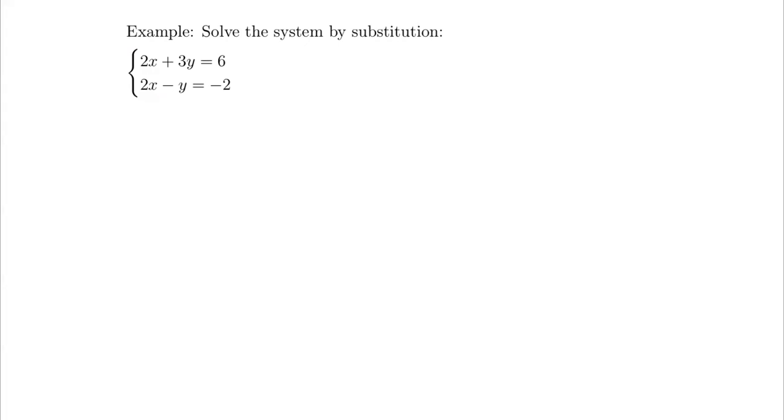If we do that, we subtract 2x from both sides of the second equation. So minus 2x here, minus 2x here. Then we get negative y = -2x - 2. And then we'll multiply both sides of this equation by negative 1. So let's write that. Times negative 1.